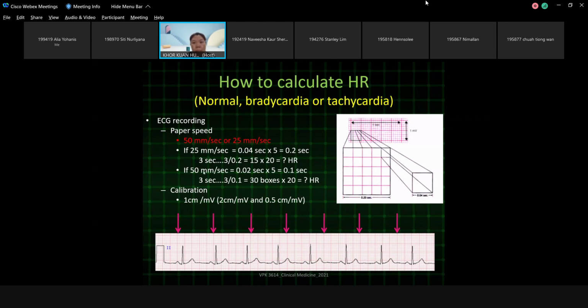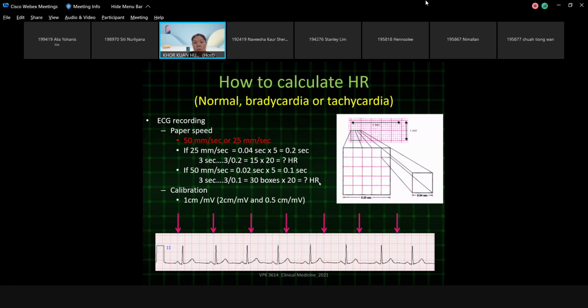Can you understand? Okay, versus here. This paper speed is 50 millimeter per second. If you take your calculator, 1 divided by 50, you're going to get 0.02 second. Right? 0.02 second means this small little box is 0.02 second.